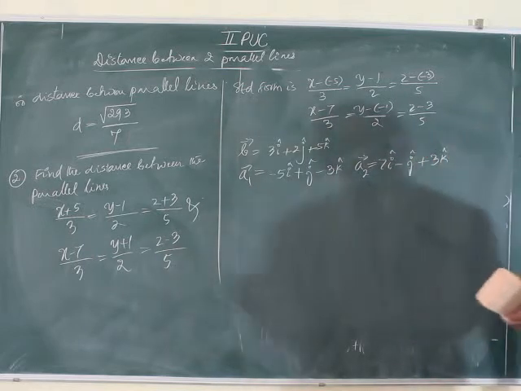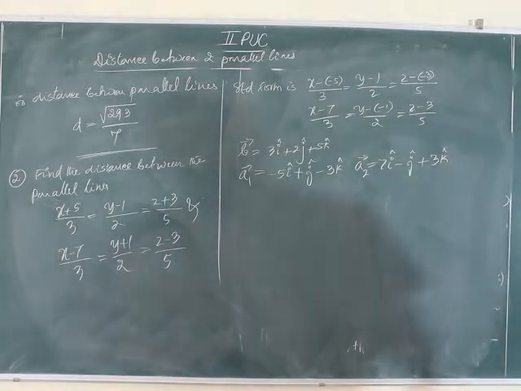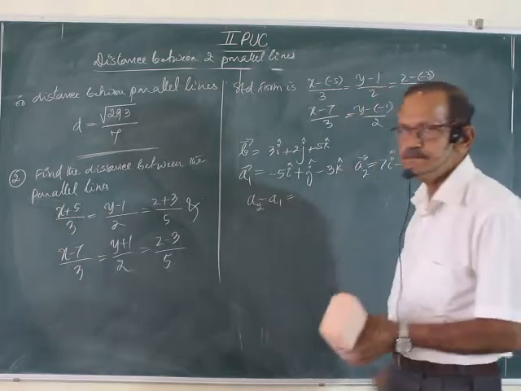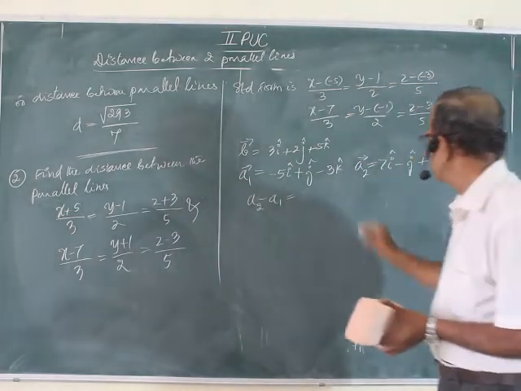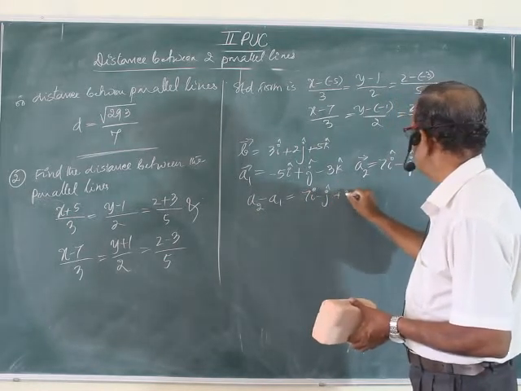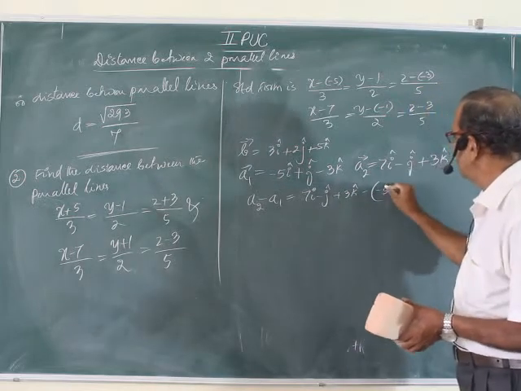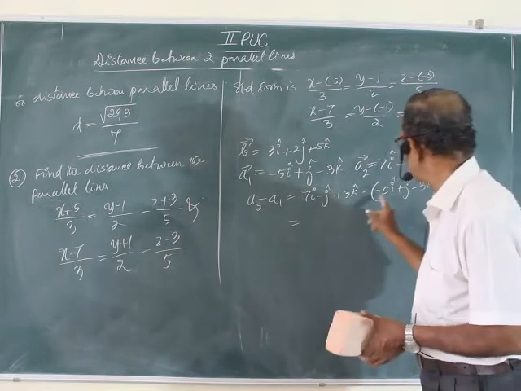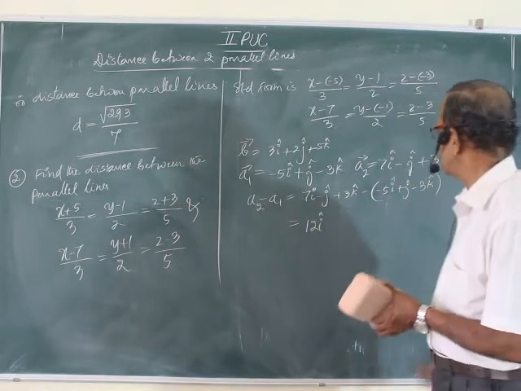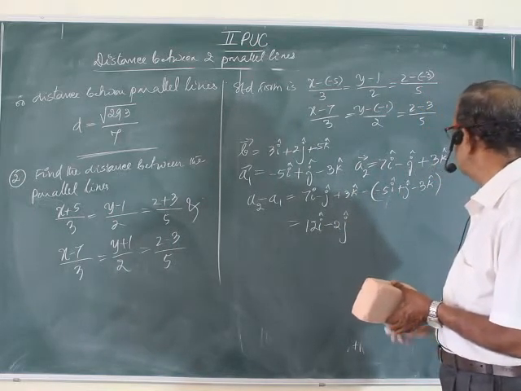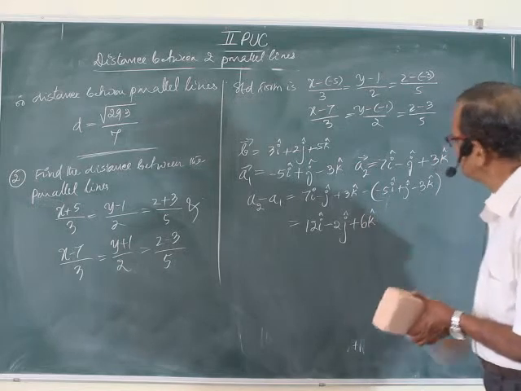Now it is correct. a1 is minus 5i plus j minus 3k, a2 is 7i minus j plus 3k. So a2 minus a1 is 7i minus j plus 3k minus of minus 5i plus j minus 3k, that is 7 minus of minus 5, 12i, minus j minus j, minus 2j, 3k minus of minus 3k, plus 6k.